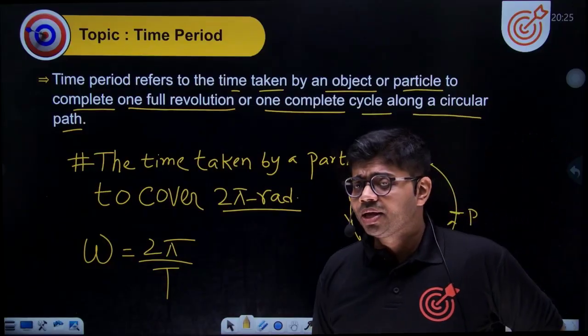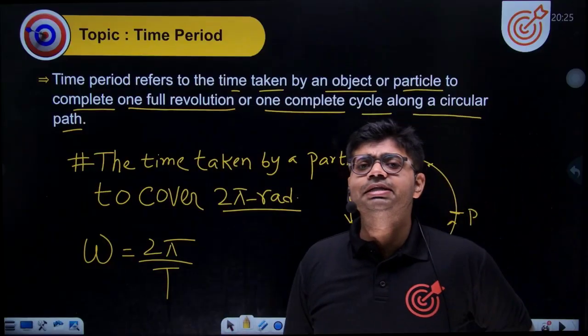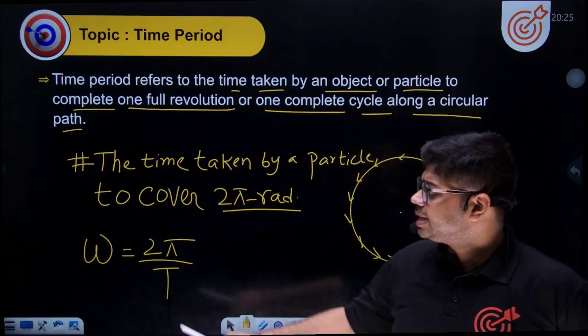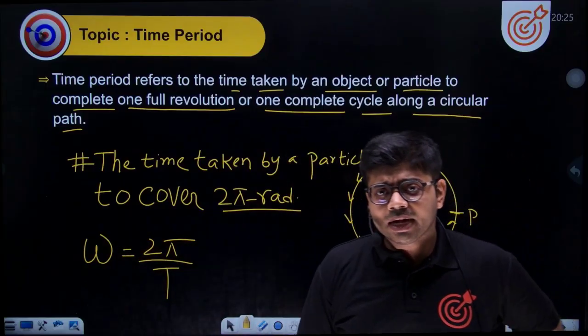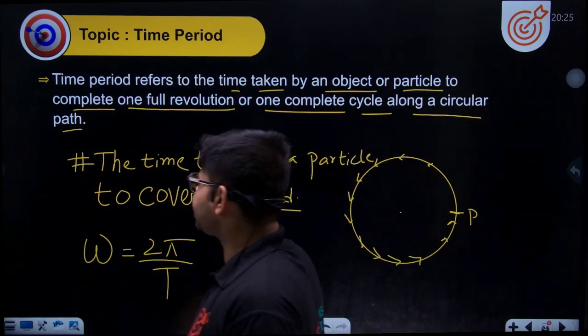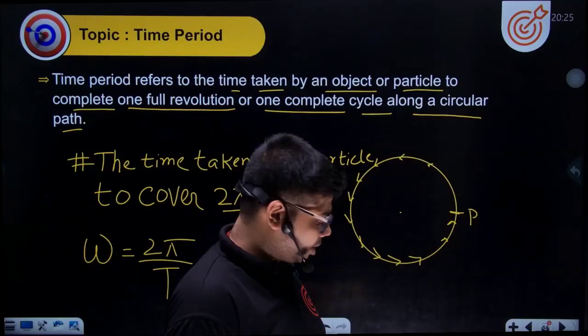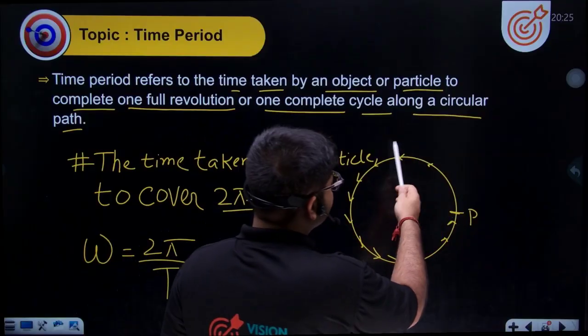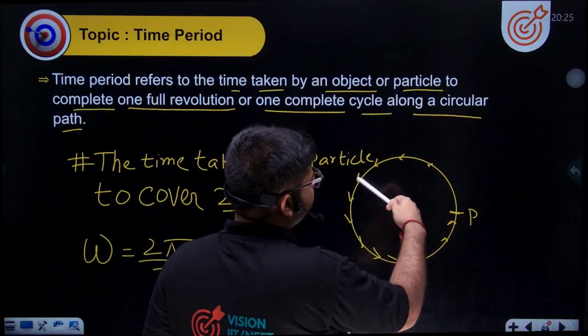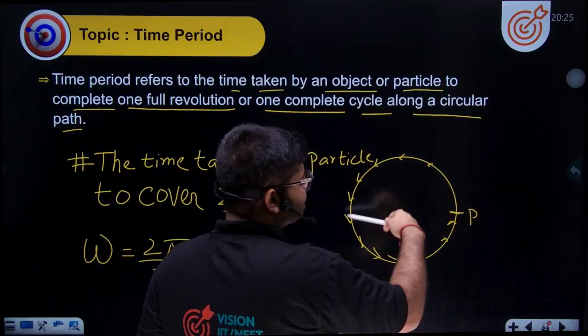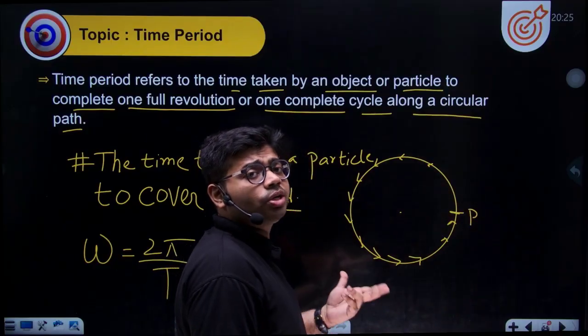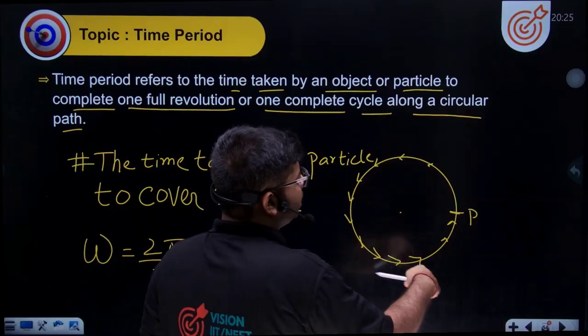Now from this you can see that if my time period is increasing, my omega is decreasing. Very simple, you can say it yourself. What does time period increasing mean? It means that this particle is taking more time to complete one revolution.